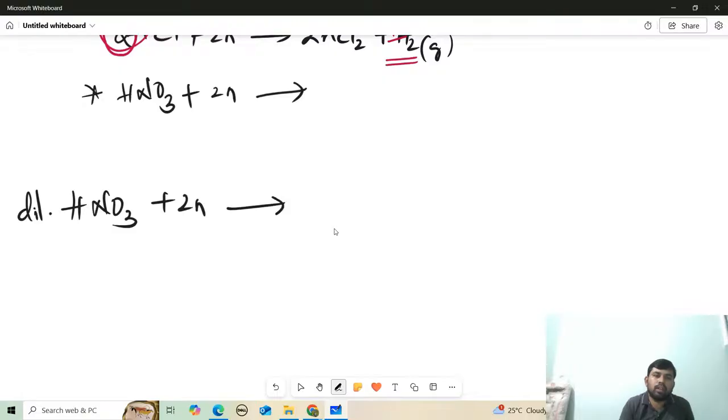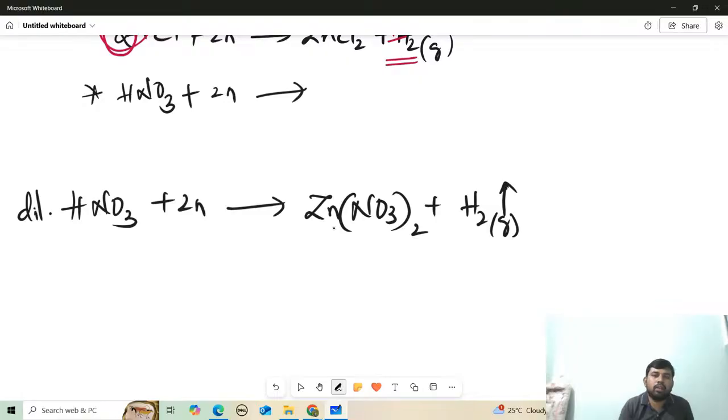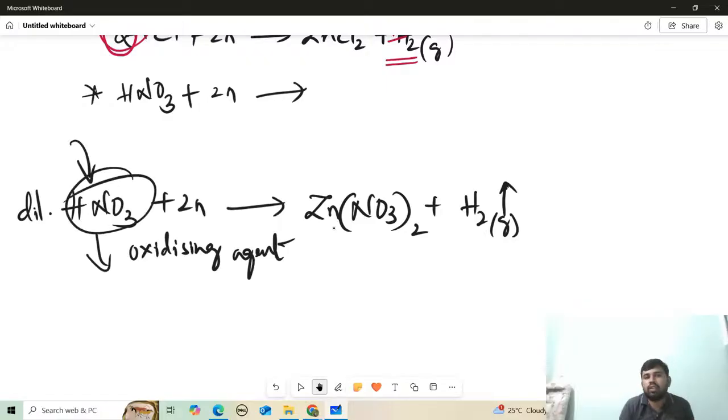Actually we expect that zinc nitrate will form plus H2 will be produced, correct? But here, nitric acid has the character of an oxidizing agent. So this nitric acid has the property of an oxidizing agent. That's why they repeat the activity with this.